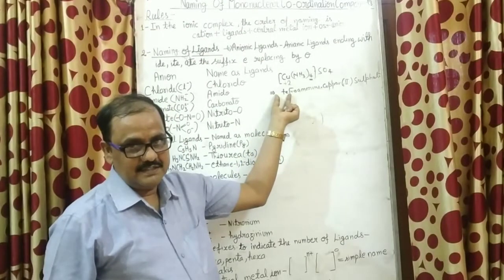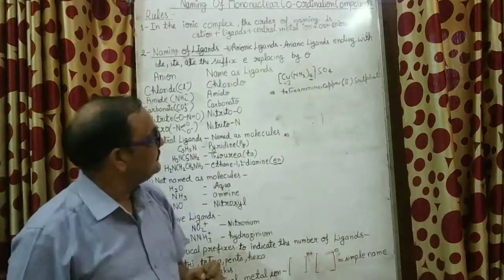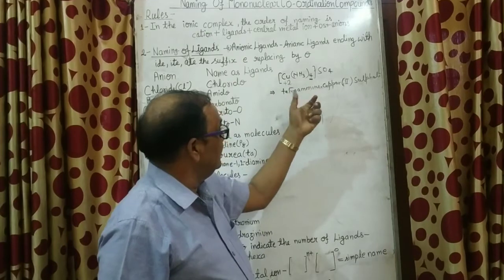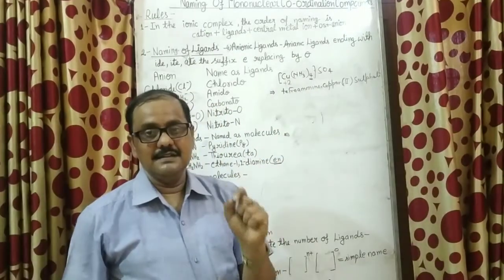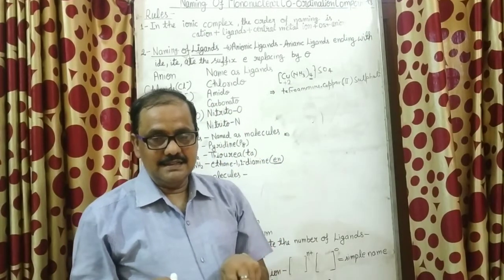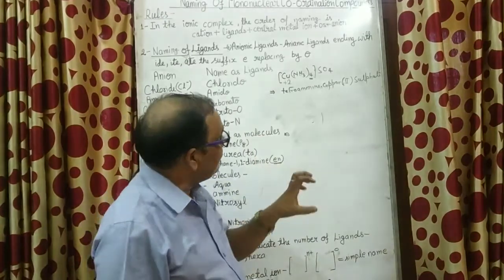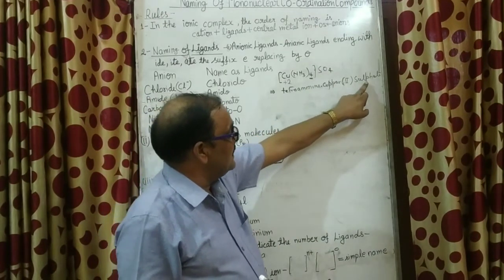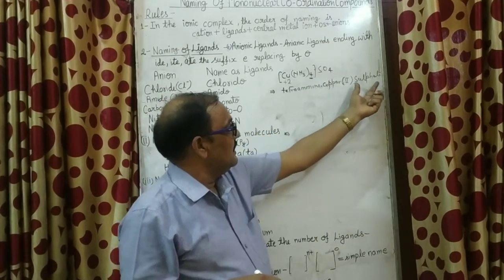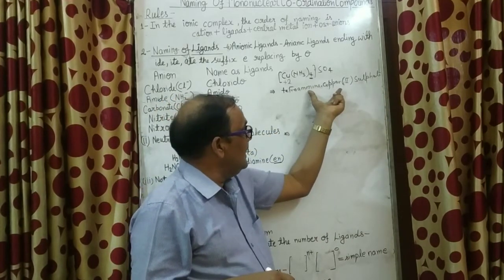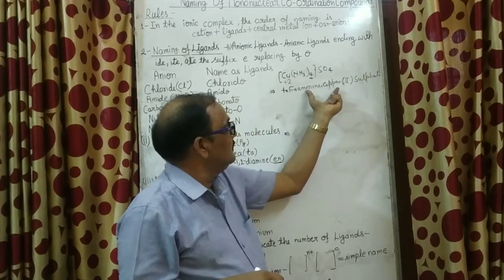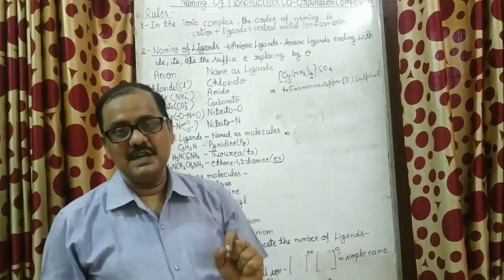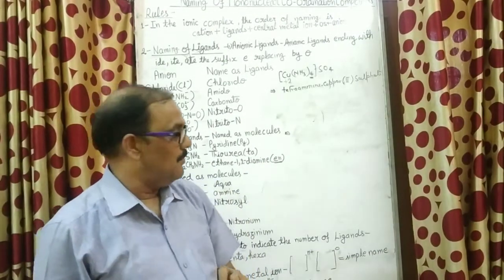And second, during the naming of the complex ion, a single word is used as the name, and if there is a counter ion, then there is a space between the counter ion and the name of the coordination entity. So these are some basic points during the naming of complex compounds.